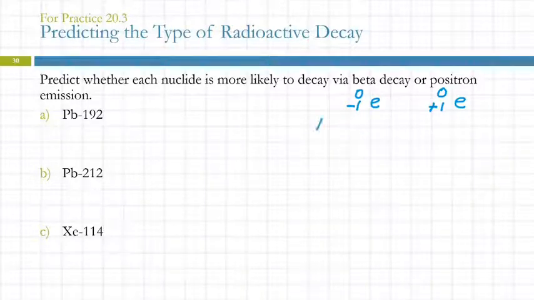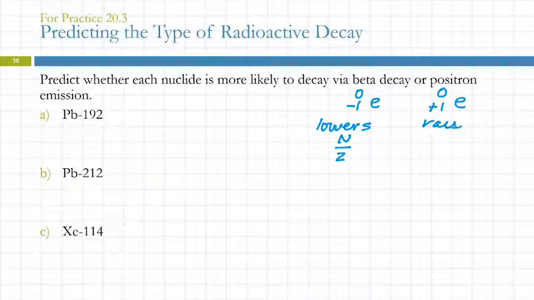And so this lowers the N to Z ratio. Get that backwards. Beta decay lowers the N to Z ratio, and this converts neutrons into protons, and positron emission raises the N to Z ratio.